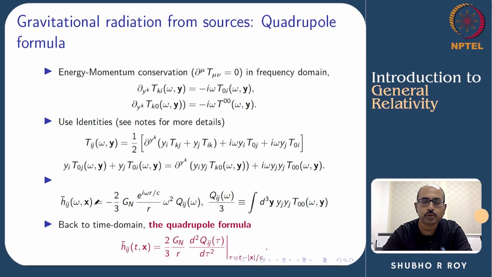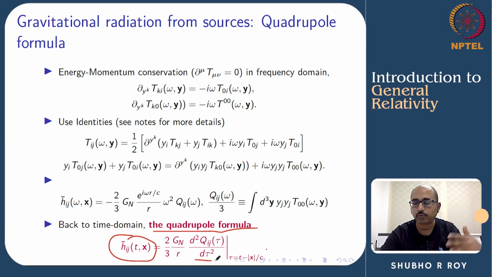So, if we do the Fourier transform back and go to the time domain, we get the famous quadrupole formula, which tells you that the trace reversed perturbation at x is related to the second order time derivative of the quadrupole moment of the source evaluated at the retarded time.